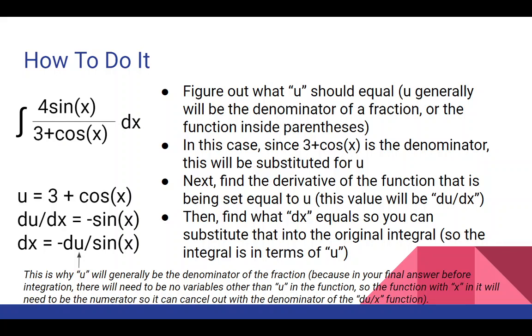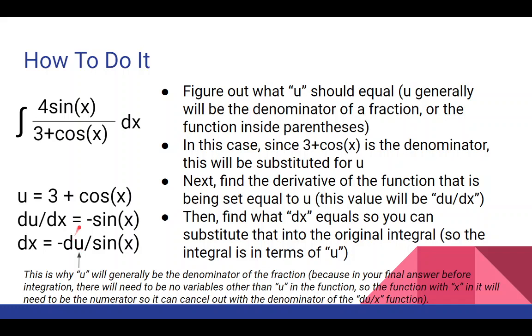So the derivative of 3 plus cosine of x is negative sine of x, and then you have to isolate dx. So you multiply by dx and divide by this, and you get dx equals negative du over sine of x because of this negative right here.